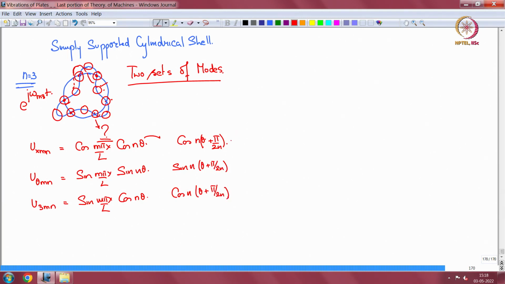So, this gives me the rotation. I need cos n theta plus pi by 2, sin n theta plus pi by 2, cos n theta plus pi by 2.